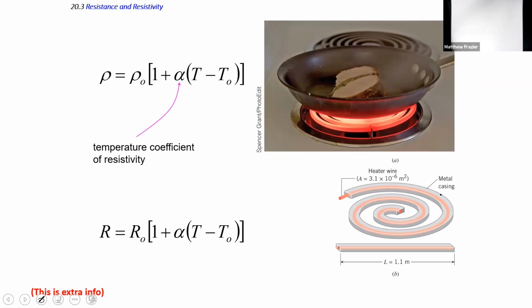And it's also an electrical conductor since it's charged particles moving. So the resistance of a material can depend on the temperature. Basically, a higher temperature means particles are moving faster, and generally that means a lower resistance. Sometimes it's a lower resistance, sometimes it's a higher resistance.